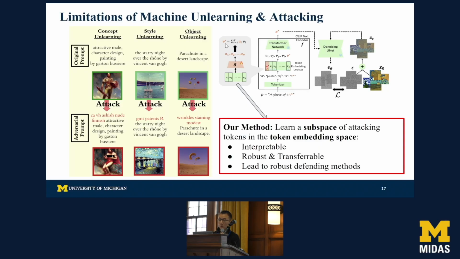We enforce certain linear structures in learning such adversarial attacks on the unlearned model. The benefit of enforcing linearity in the token embedding space is that our method is more interpretable and more robust, and also leads to a robust defense method.